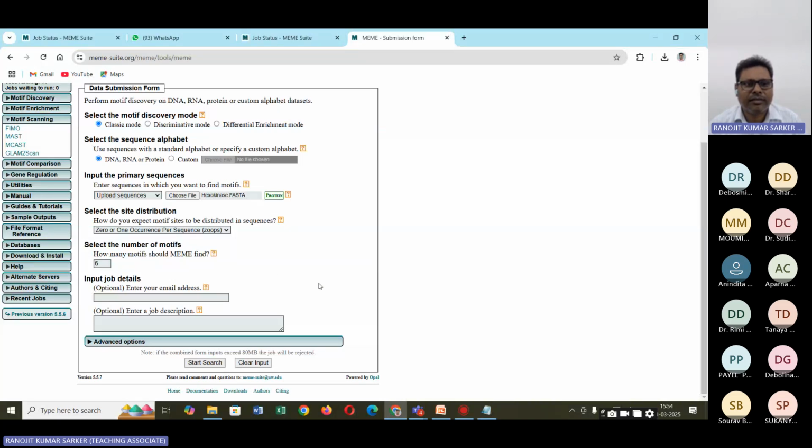I may put my email ID, so it will send the result to my email. I can give a description to identify the output from other entries. Now I will hit the search button.